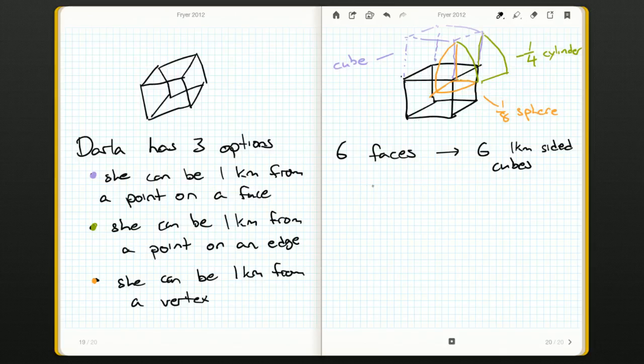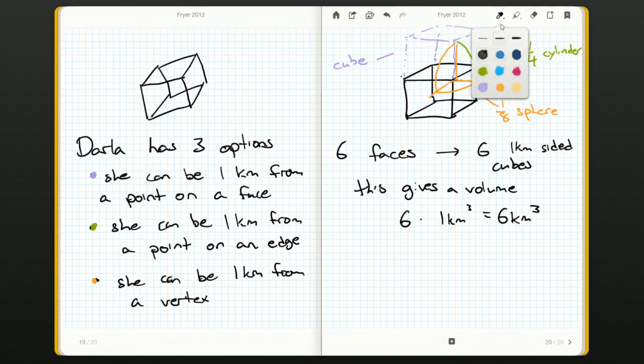Okay? So this gives us a volume of 6. So there's 6 different faces, and then 1 kilometer cubed gives us the volume of the cube. So 6 kilometers cubed, and that gives us the purple case, which we'll again color code.